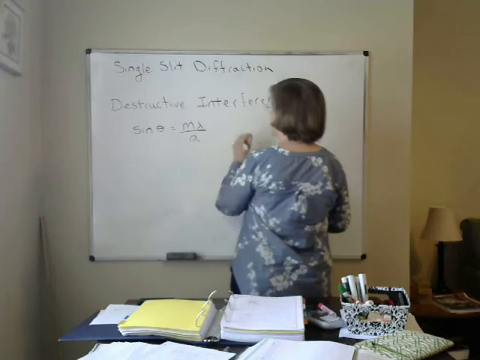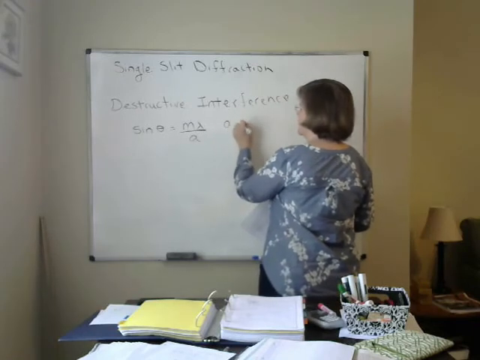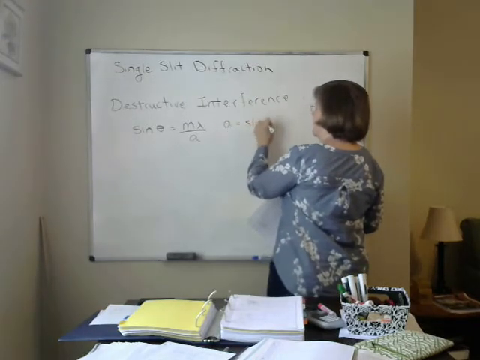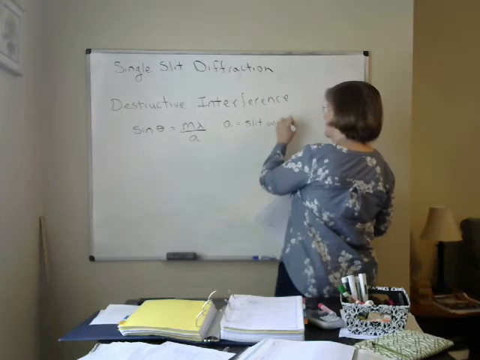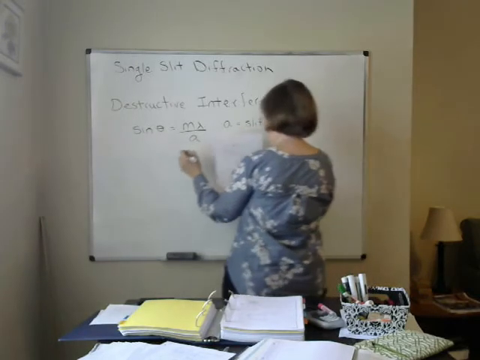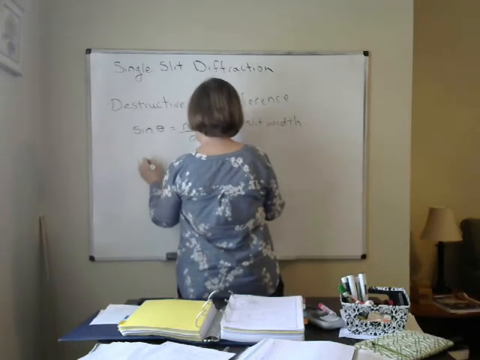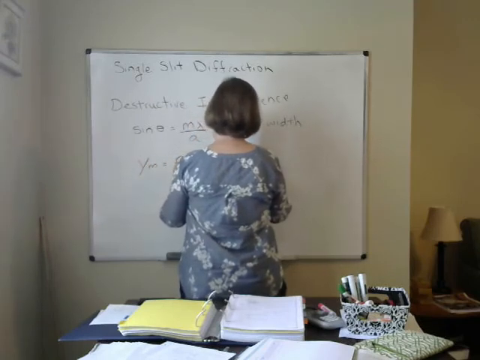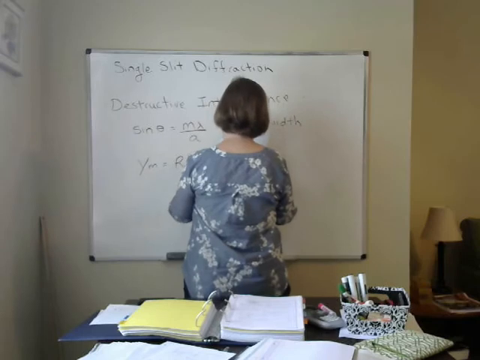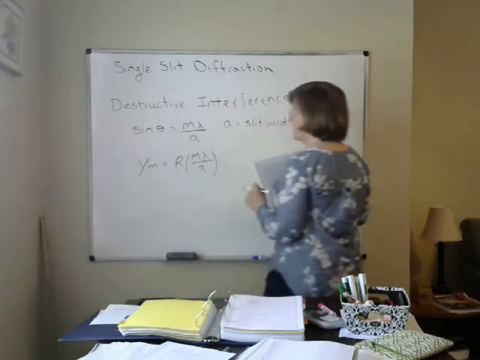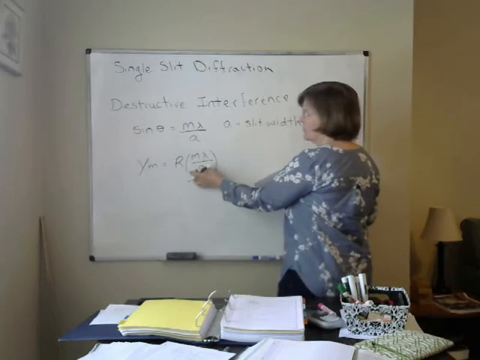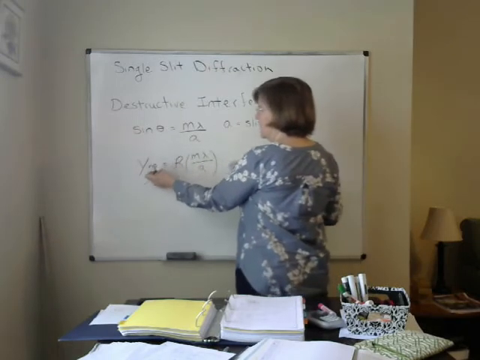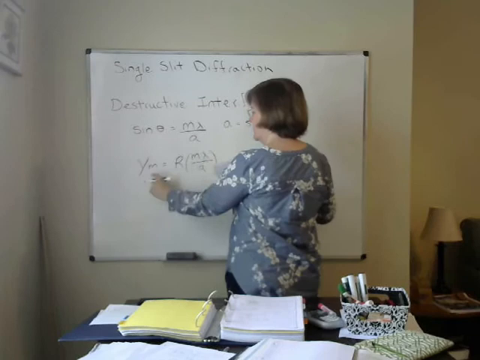We know that m is an integer and a is equal to the slit width, and y is equal to r times m lambda over a. You'll notice that when a gets larger, this is going to push those spacings much closer together.